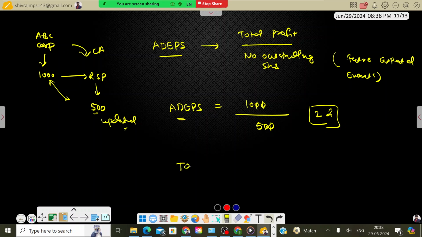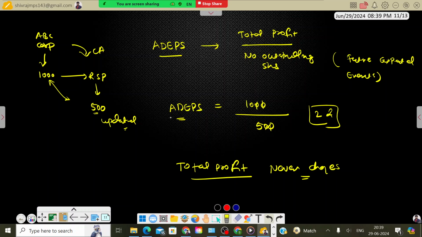See, total, hold on, my dashboard got hanged up. Yeah, so total profit never changes in both cases, right?